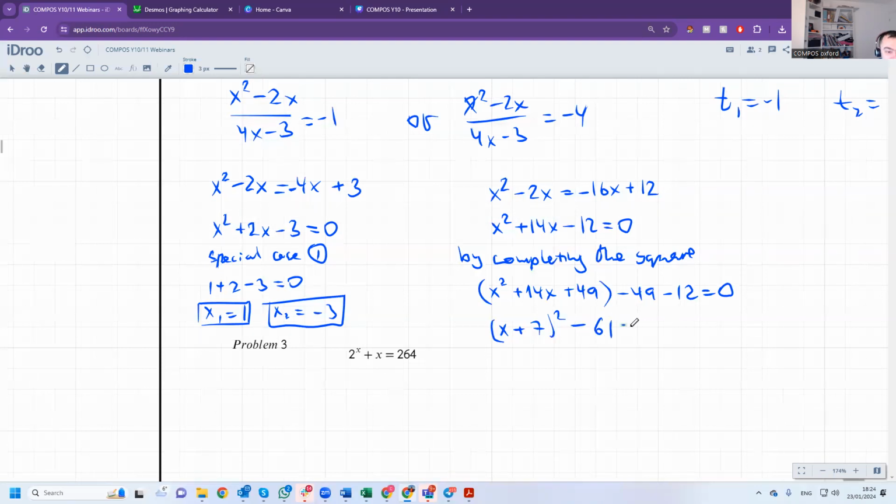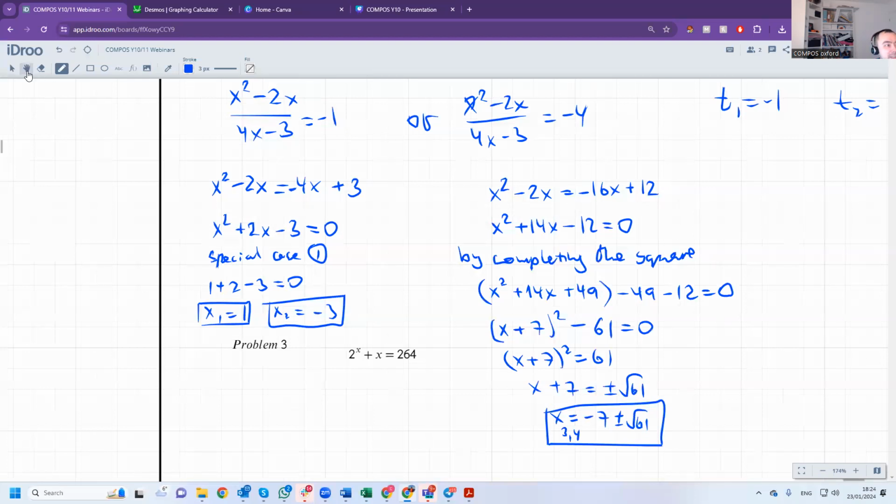It should be, yeah, okay, equals 0. So x plus 7 squared is equal to 61. That means x plus 7 is plus or minus square root of 61. So x is minus 7 plus minus root 61. And this is x3 and x4.